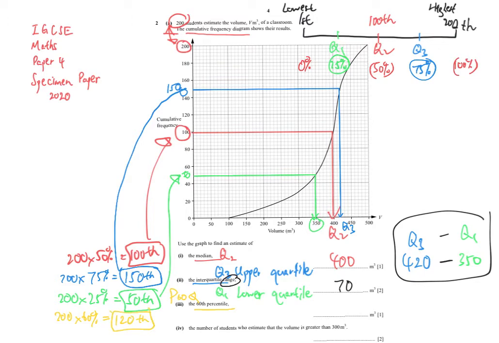Then we find 120th here, and again we add a horizontal line. When we touch the curve, we draw the vertical line downwards. I see that it's slightly less than 410.